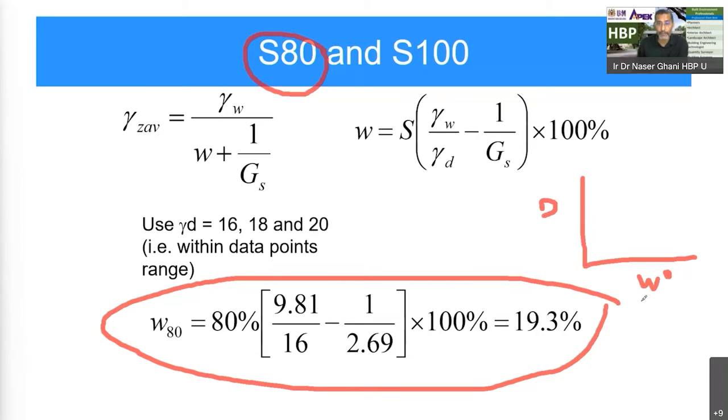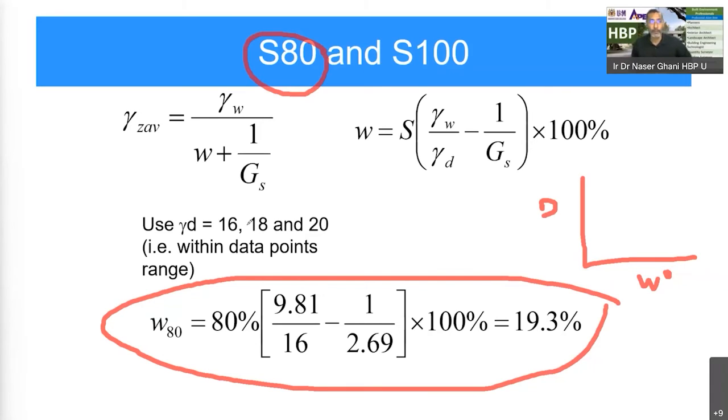So we would like to find out where is the percentage of 80% moisture content in the soil, or where is the point of 100% density when water is 100%.